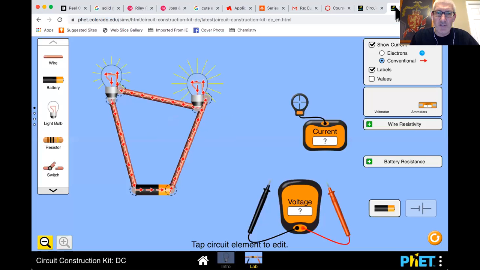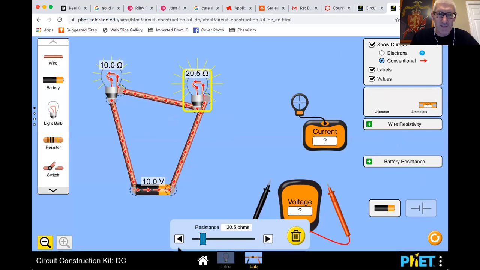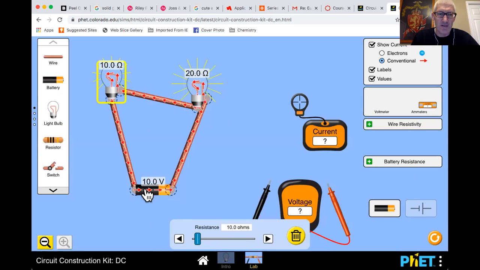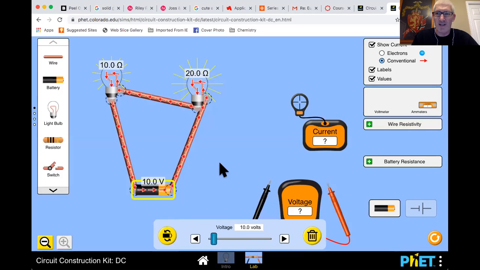And what I'd like for you to do is make this circuit. The reason that they are different brightnesses is because the bulbs actually have different resistances. So this is the circuit that I want you to set up. I'll give you a couple of moments to do some clicking and playing.